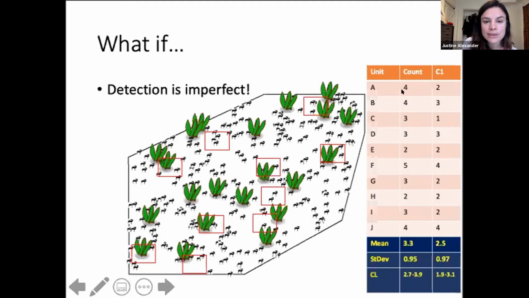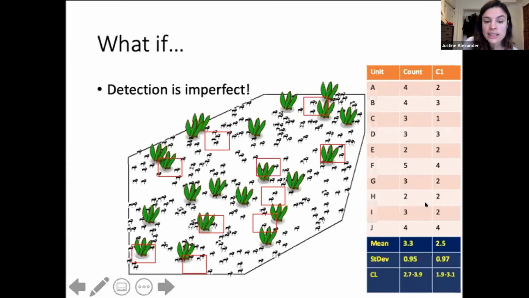And Kustub has so nicely prepared this for us already. This is the real world, how many animals are actually in each of these red grids. But when we went out and did our survey, these are how many we counted. And you can see it's much less. In this case, when there were 4 individuals in this grid, for example, A, we actually only counted 2 individuals, and so on.